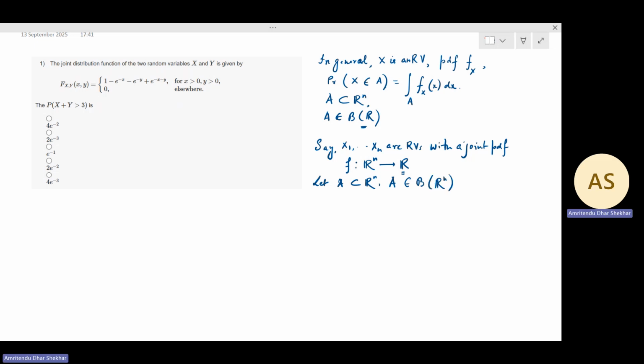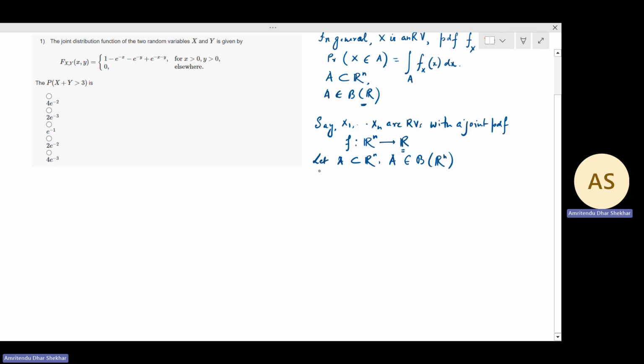If we ask what is the probability of this event, that x1 to xn should belong to A, then in a similar way, this is equal to the integral of the joint PDF over A.